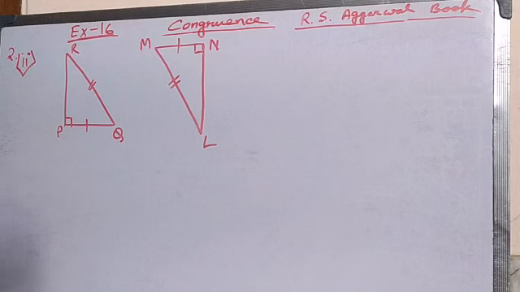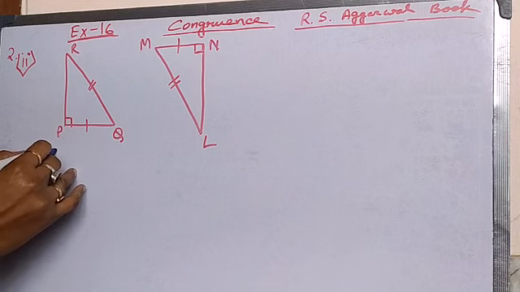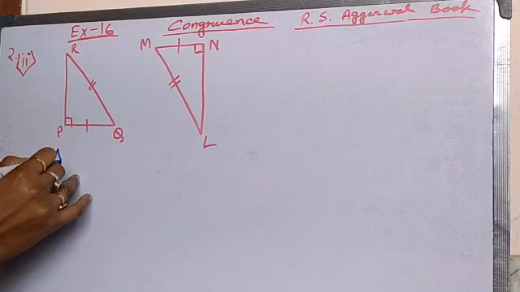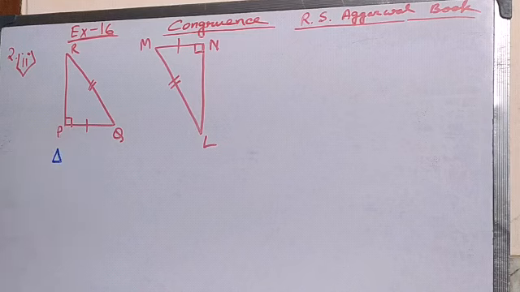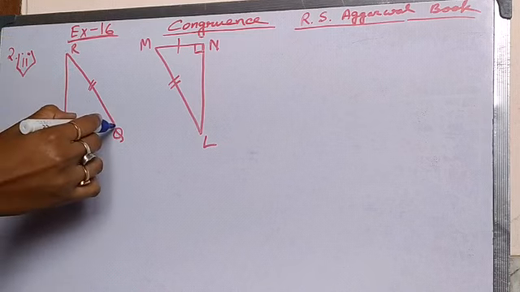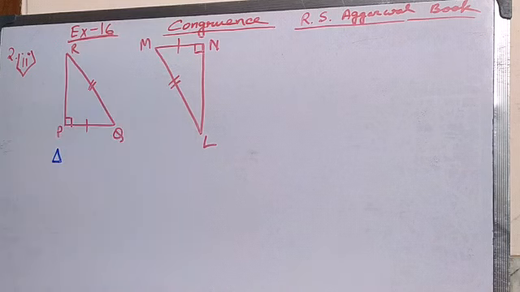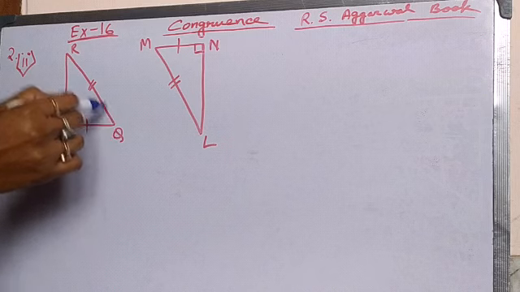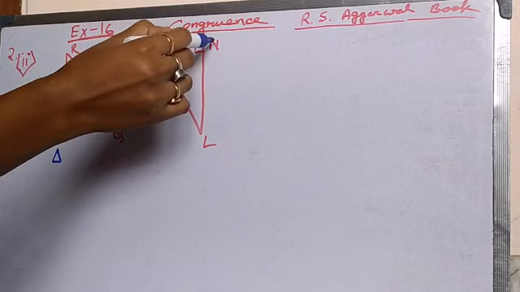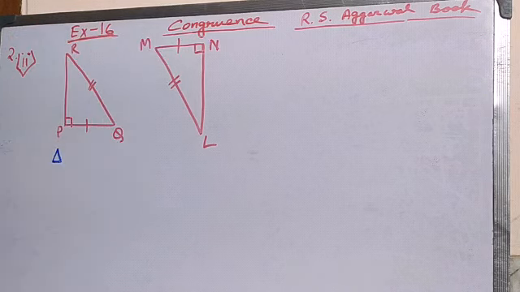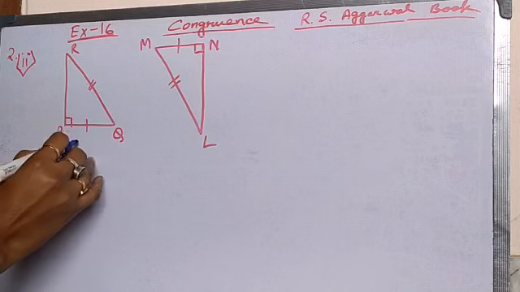So by taking this we have to write down the name. For the first triangle the name is either RPQ, then it will be LNM, or PQR, NML.